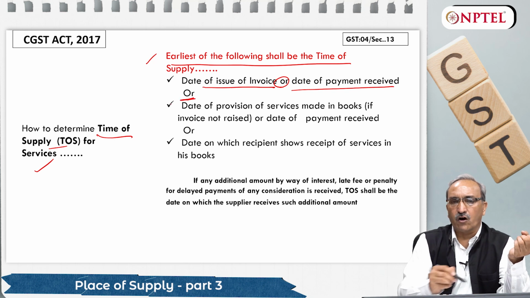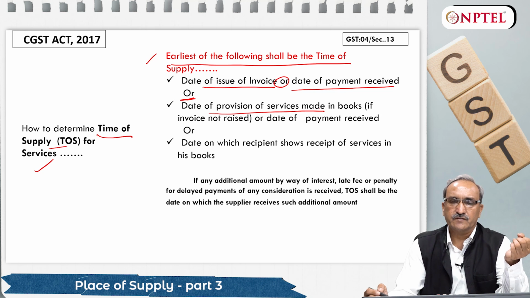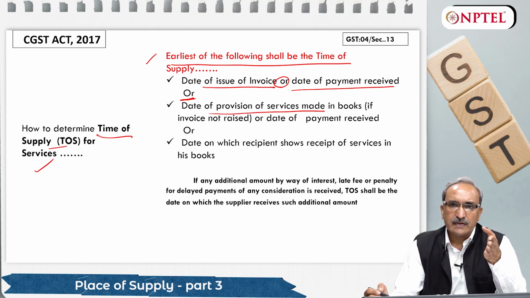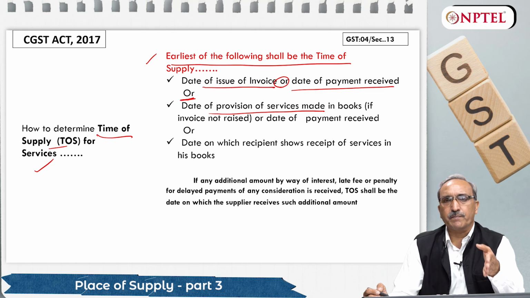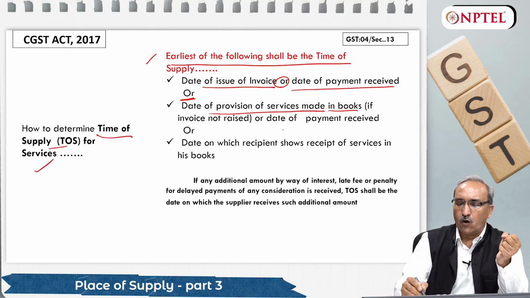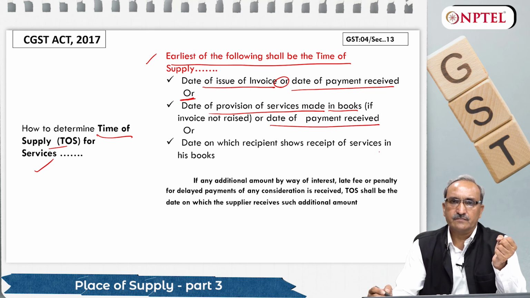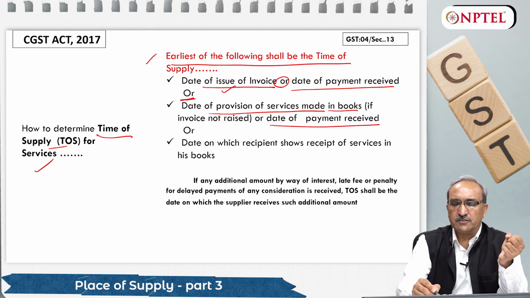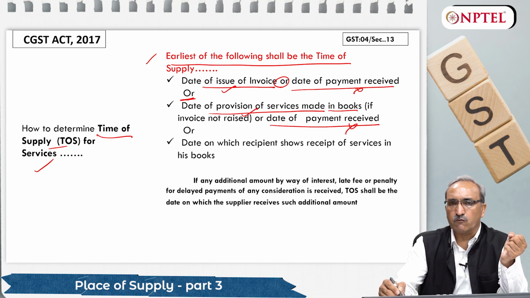Further, there is an or: the date of provision of service, when you have recorded that you have made the service to the person, though you have not raised the invoice or received the payment, but you have declared in your books of accounts that the service is over, made, completed; or the date of payment received.